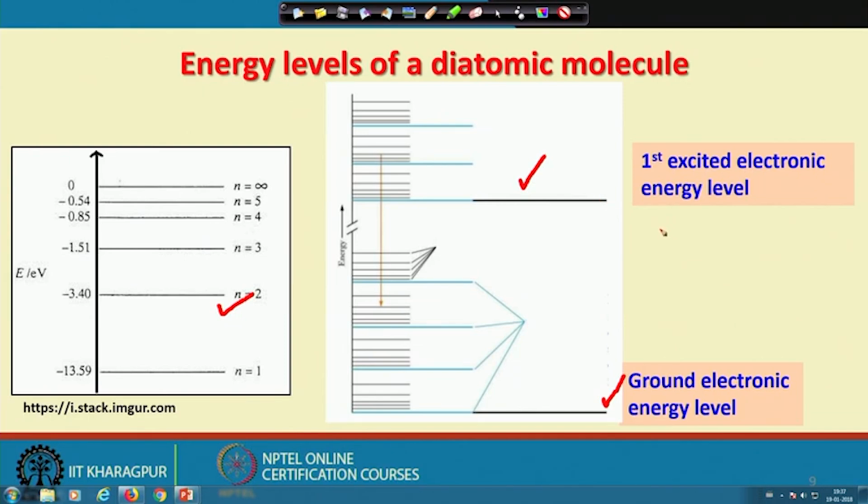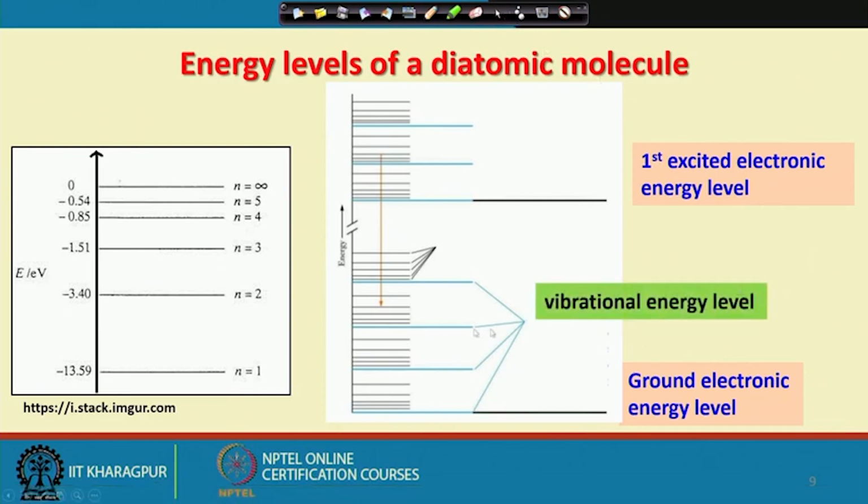Let us next try and understand what these finer energy levels are. So, these are the vibrational energy levels associated with the ground electronic energy level.